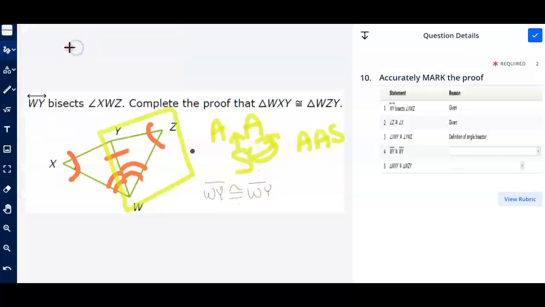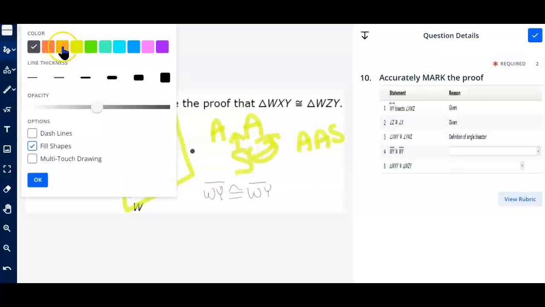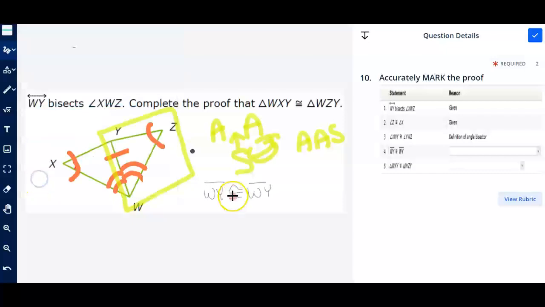We're essentially saying that this is looking in a mirror at itself, at its reflection, which is why this is a reflexive property. In this case, it's reflexive segments.